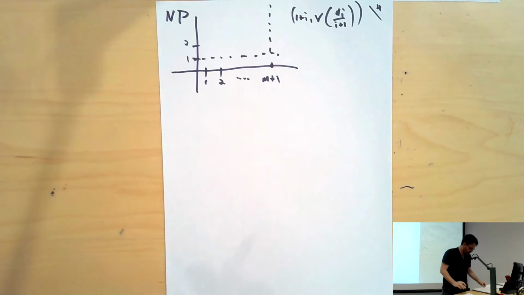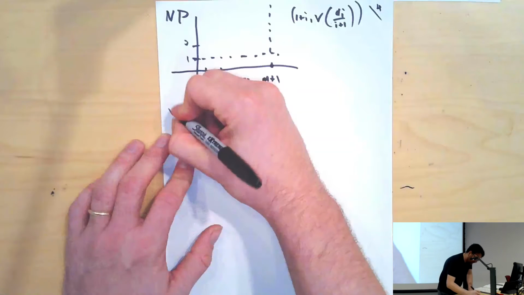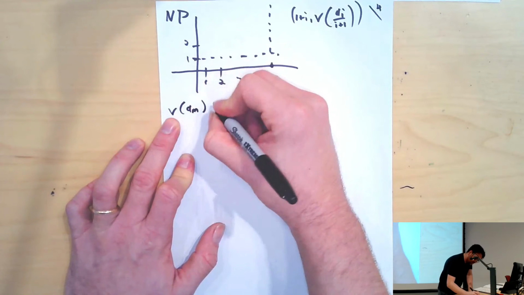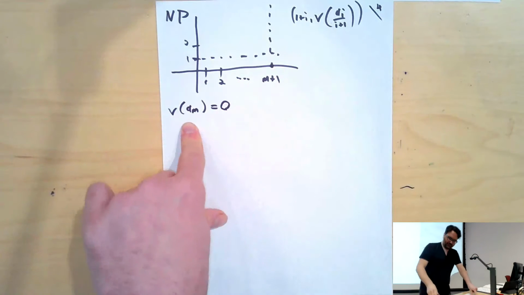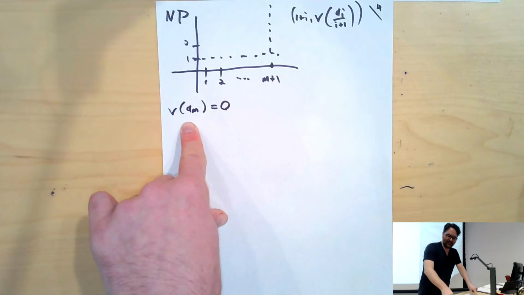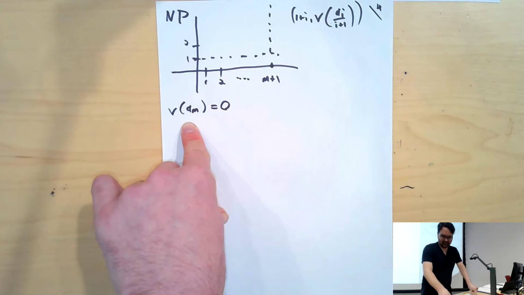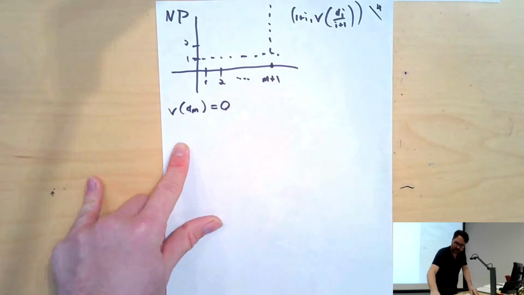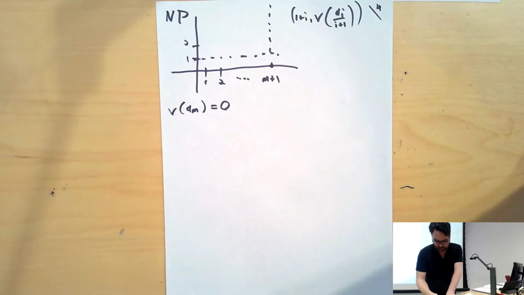So first, note that v of a_m is 0. That's the definition of m. It's the first power of T for which the coefficient of T is non-zero mod p. Okay, great. And then because of our bound on p, so Min-Yong asked during my last lecture, where do these come up?